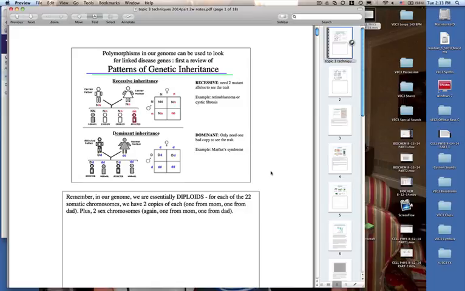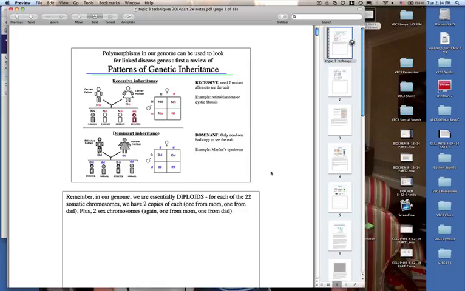So this is a way of following down a genetic tree the chromosome that you inherited from mom and the chromosome you inherited from dad. We're going to be using the differences in those little polymorphic regions in those 2 chromosomes to follow the inheritance pattern of those chromosomes through the ages.